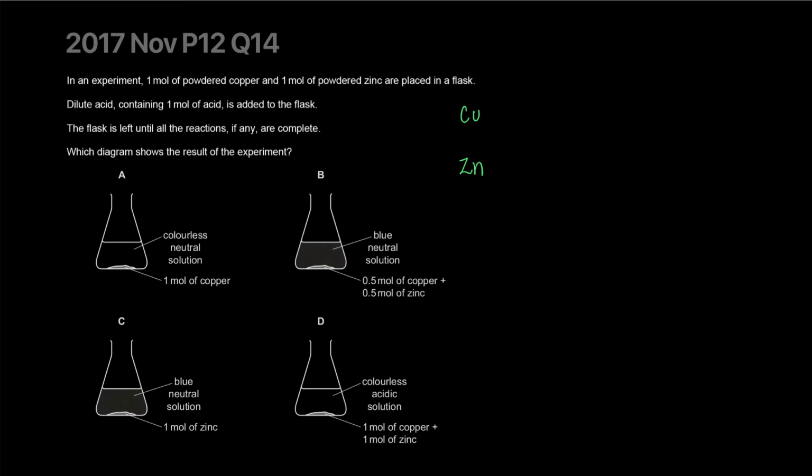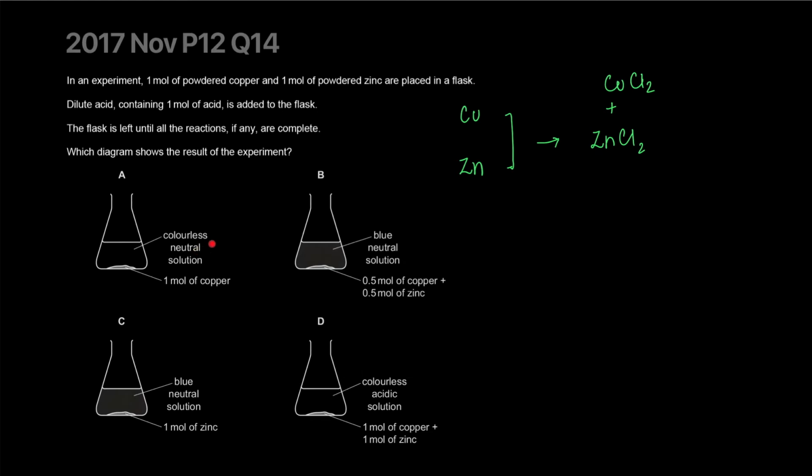So the acid will react with both and form zinc chloride and copper chloride, right? But I think they're trying to figure out that zinc will react first because zinc is a more reactive metal than copper. Zinc will react first and then copper will.